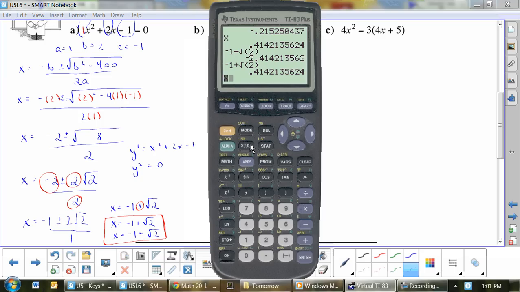Okay, then you hit X and hit enter. It's right next to alpha, yes. And then you can be like, oh, okay, so it's -2.41. Okay, and then you can find that they're the same. Okay, so that's a way that we can check our work.